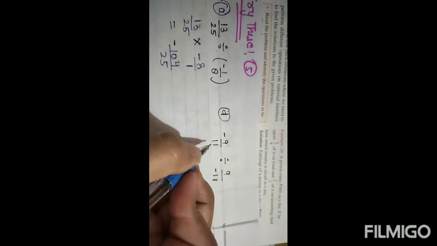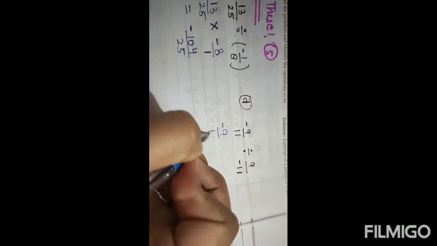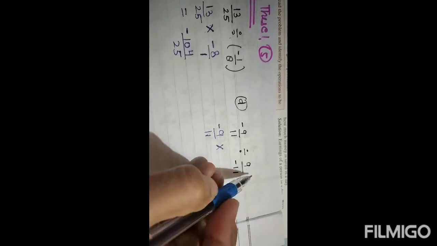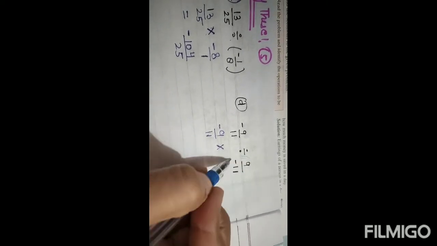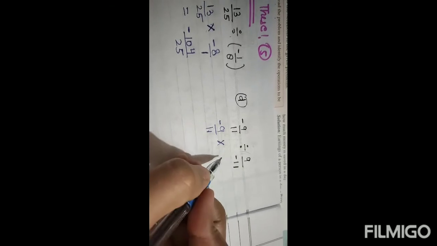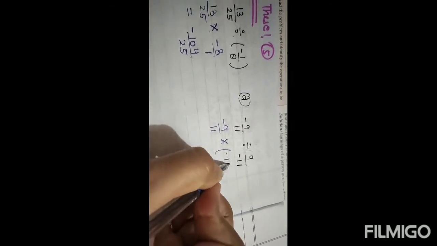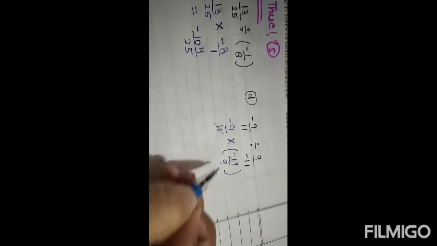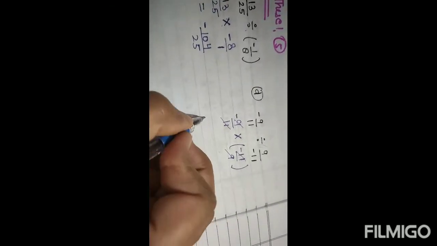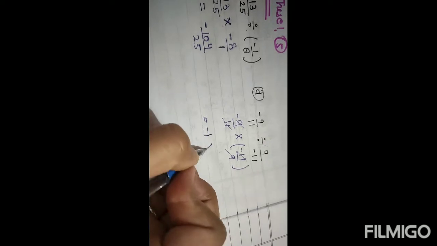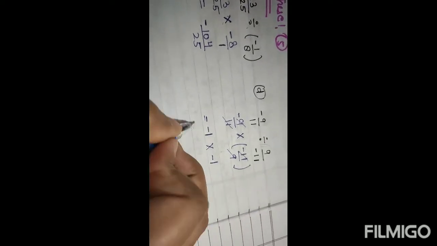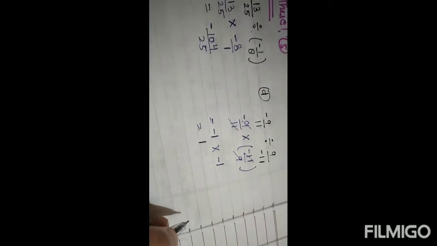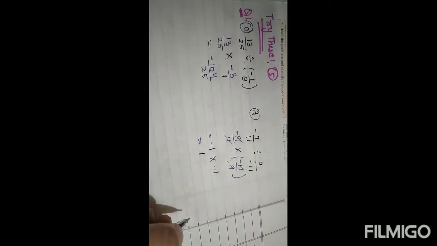I have already told you minus 9 by 11 will be written as it is. To change the sign to multiplication you have to reciprocal or reverse this number. It will become minus 11 by 9. Now look, 11 will be cancelled out, 9 will be cancelled out. You will be left with minus 1 multiply minus 1, and minus minus is plus, 1 multiply 1 is 1. That means the answer will be 1.